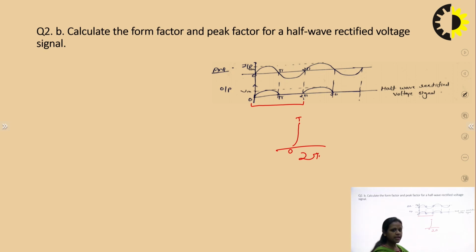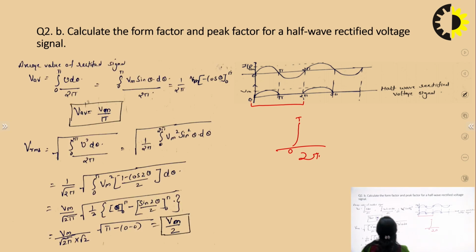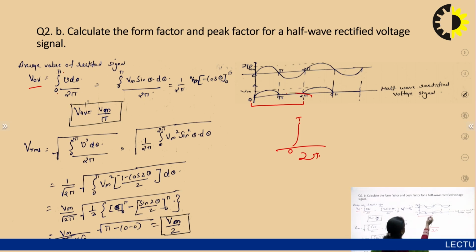So, the full cycle is from 0 to 2 pi here. From 0 to pi you will get the sine wave, and from pi to 2 pi the value is equal to 0, right? So, now you can find V average by integrating from 0 to pi, because from pi to 2 pi the value is 0, and the base length will be 2 pi. The whole cycle is 2 pi.